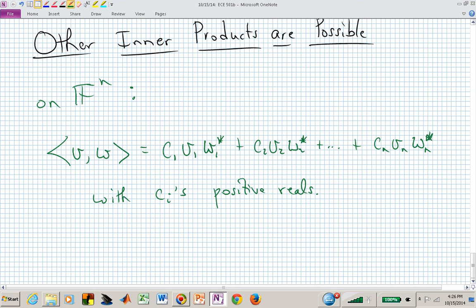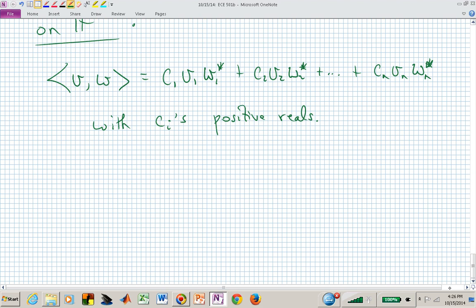As long as we keep these c's, these weightings, we have a weighted pairwise product of coordinates in our two vectors v and w. That's on F^n.